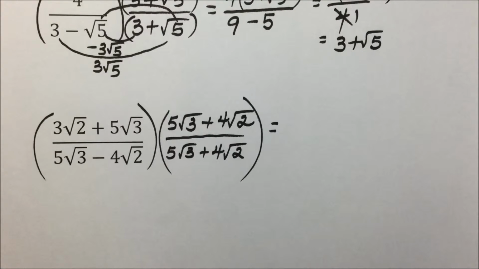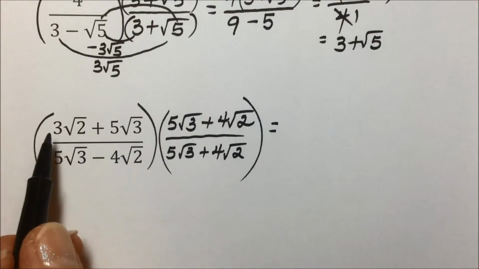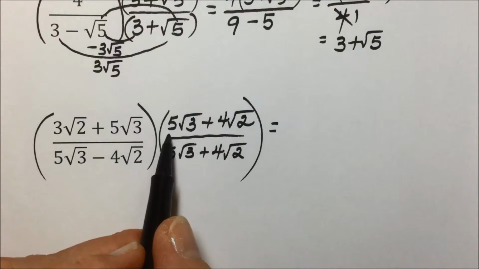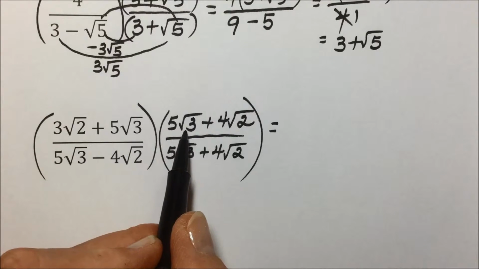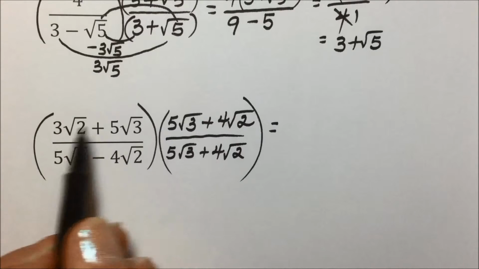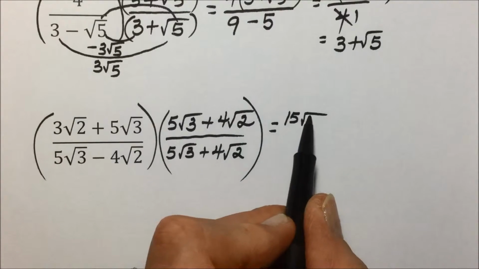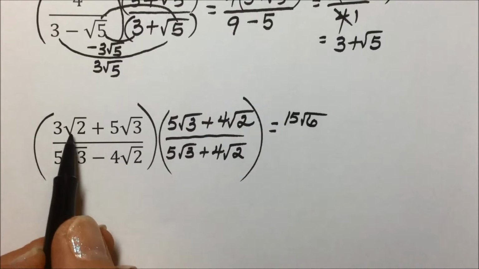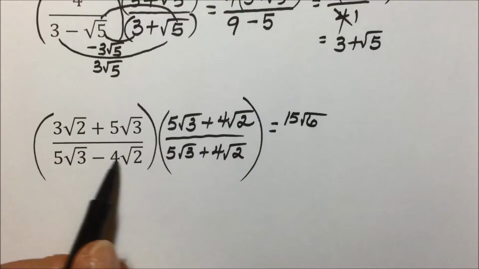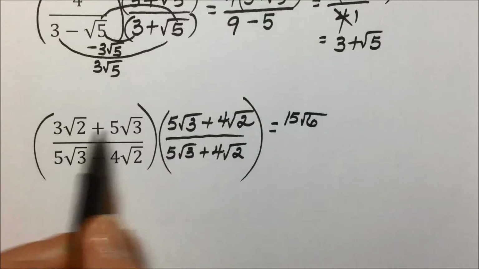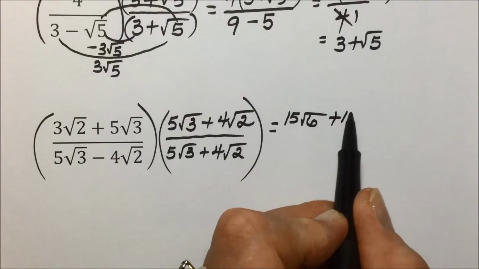So here, to simplify, we will multiply the numerators using the FOIL method. So first terms multiplied together, we have a 3 square root of 2 times 5 times the square root of 3. We'll have the 3 times 5 gives us 15, and underneath the radical, a square root of 6. That's the first terms. The outside terms, we will have a 3 times 4 is 12.